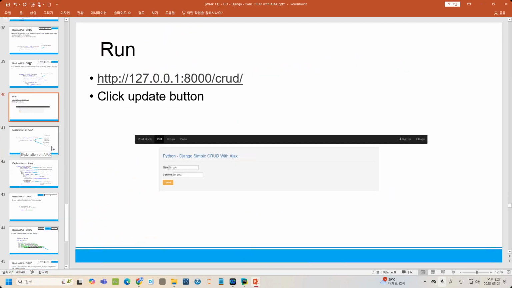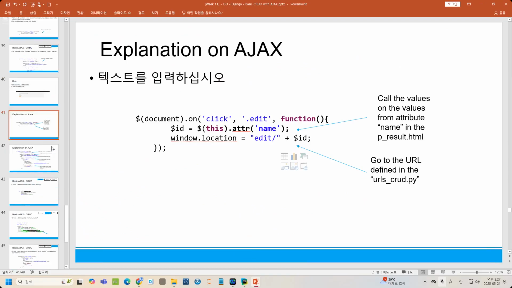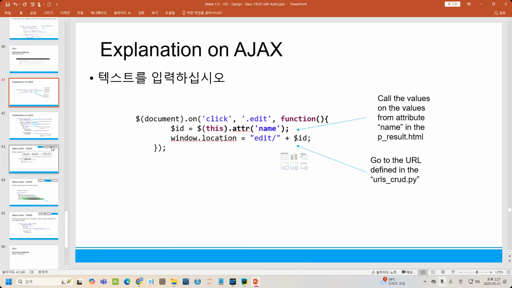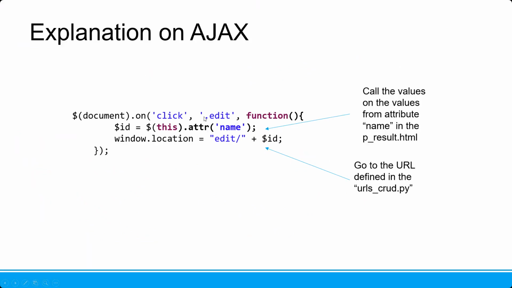Okay, so this is about update, and the last one is about the delete. This is the explanation. So we call the values of the attribute name. I mentioned to you before, the attribute name is from the p result.